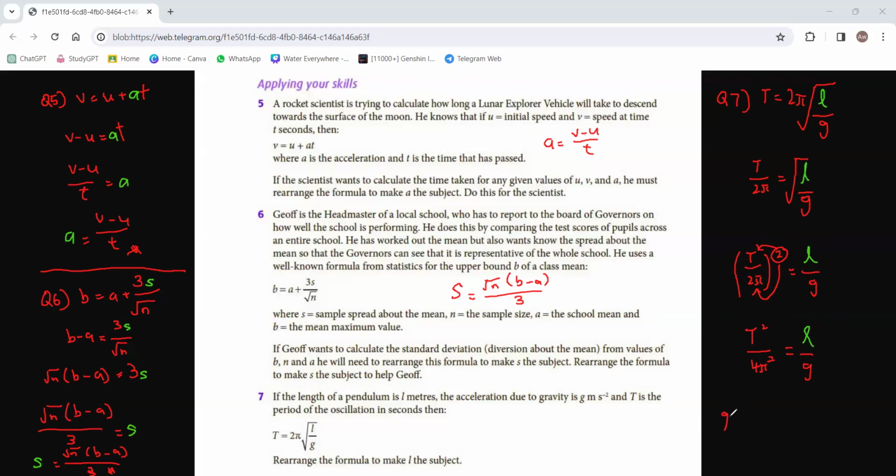So the final answer, we will get g bracket t square over 4 pi square bracket equals L, so L equals g t square over 4 pi square. And that is the end of the recording. Thank you very much.